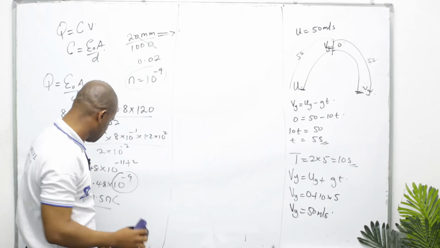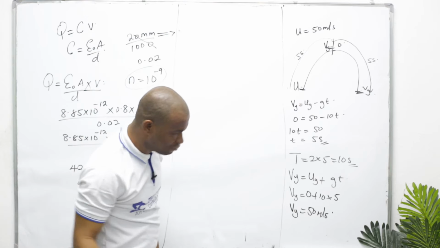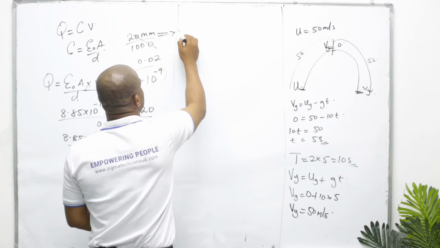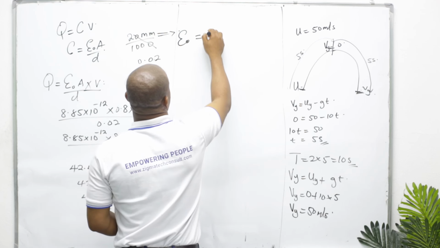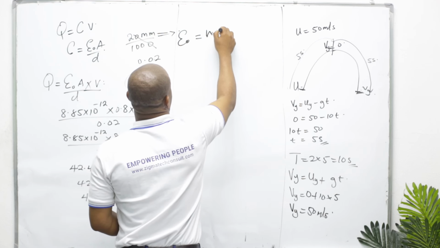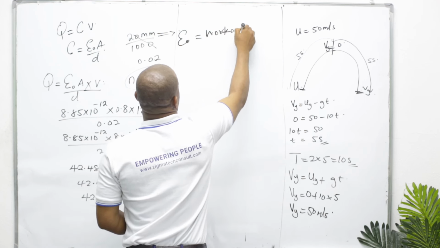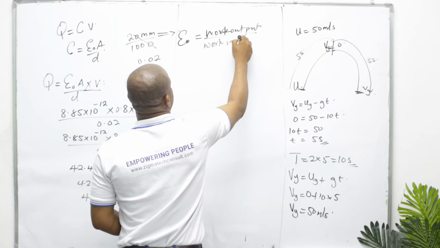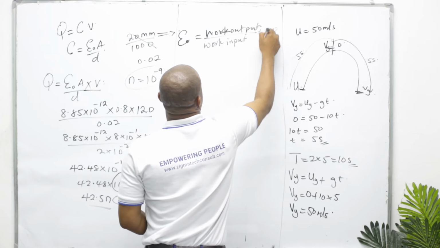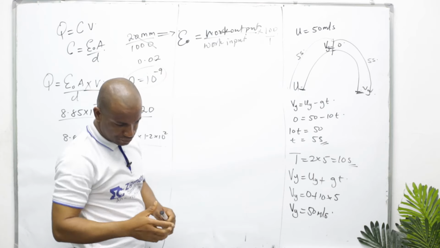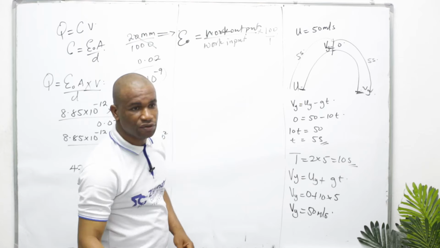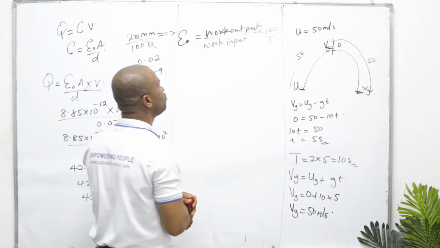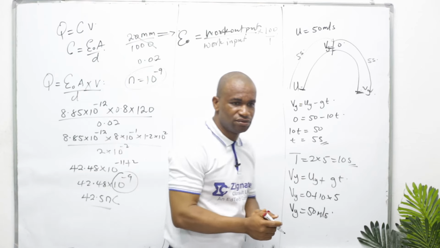So I know that efficiency is work output all over work input, times 100 over 1. In this case, work output is what happened to the load.